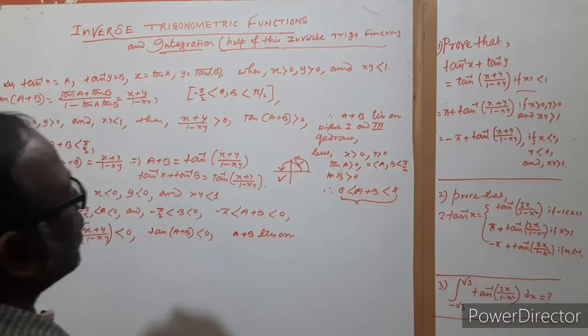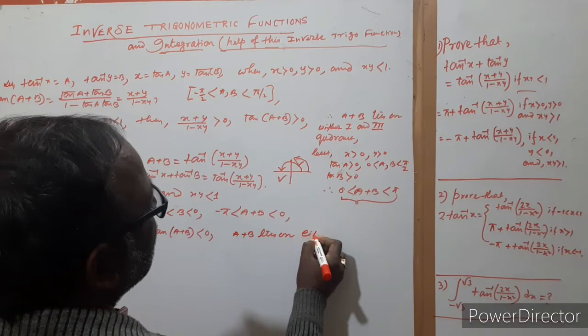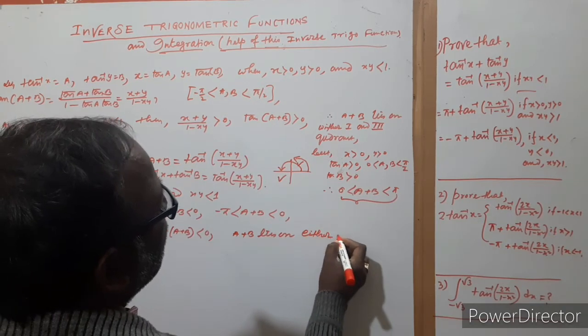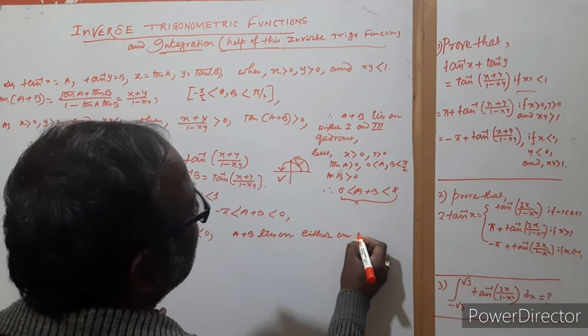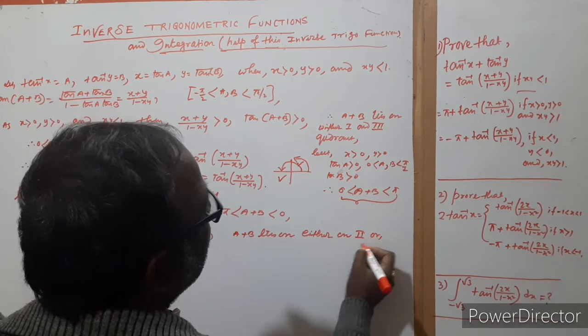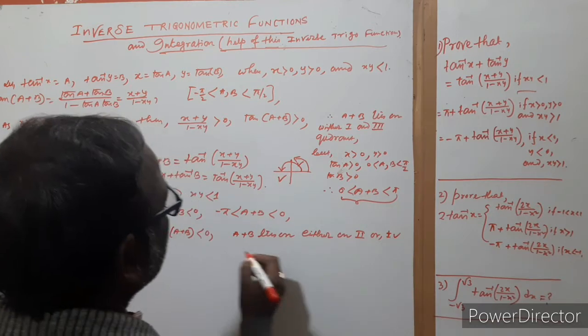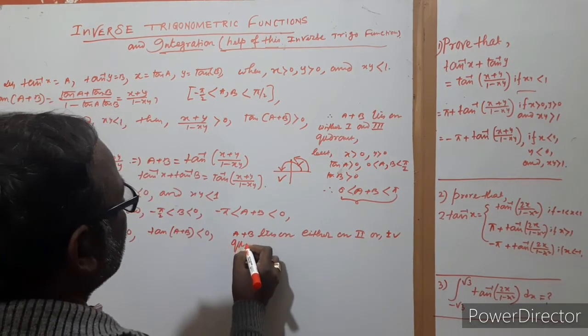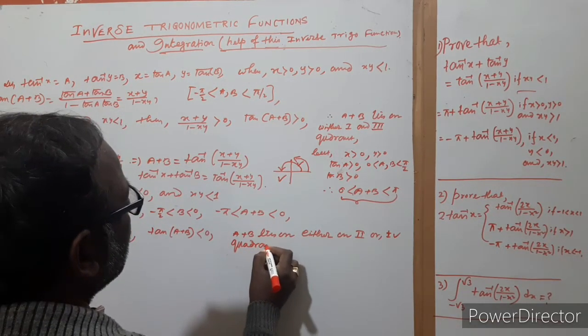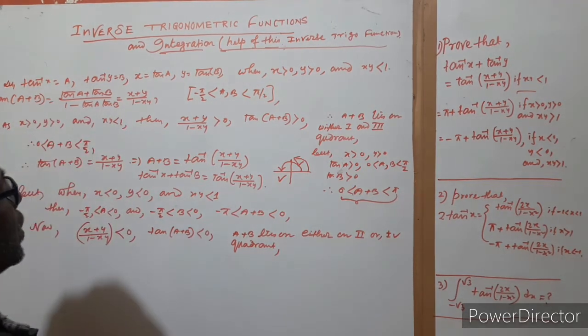So a plus b lies on either the second or fourth quadrant.